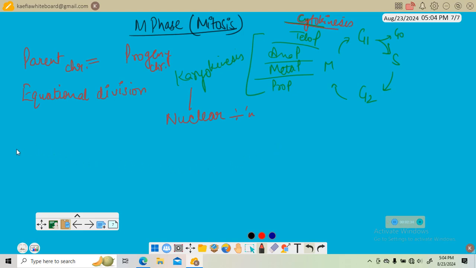So now coming to the first phase, that is prophase. This is the first stage of karyokinesis. Now here what happens? The chromosomal material condenses and forms compact mitotic chromosomes.